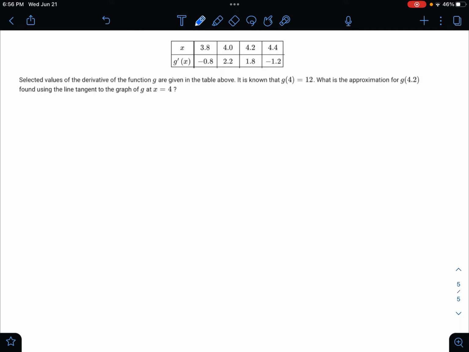What is the approximation for g of 4.2 found using the line tangent to the graph of g at x equals 4? Okay, so the same steps as the first equation, essentially. So let's first start off with our tangent line. So y minus y1 is equal to m times x minus x1.